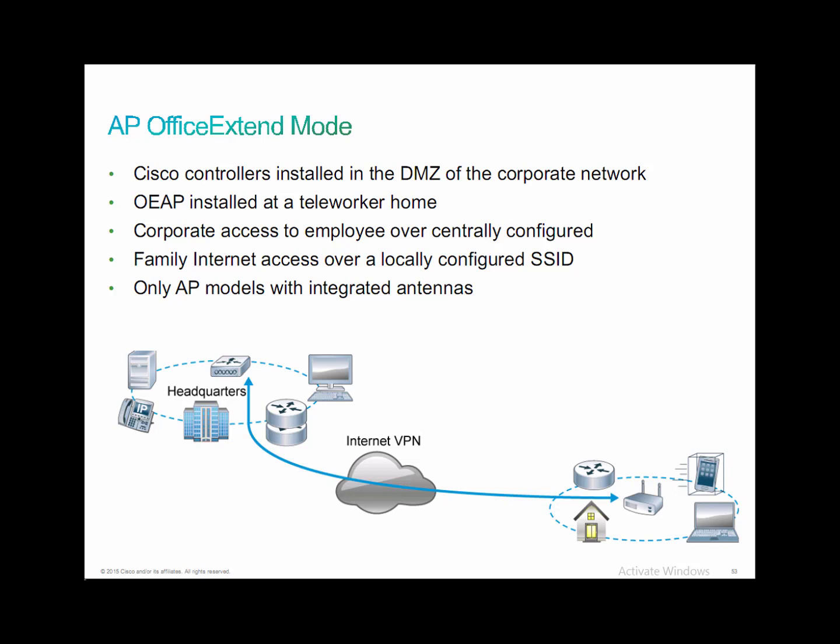So Office Extend, if you look at the diagram here, it's a little bit different than what we talked about with the FlexConnect option. Because in Office Extend, your headquarters is connected via, well, we don't have a private WAN in this case, right? The access point is being deployed in a home office or some remote location where all they have is just internet access. So what Office Extend access points provide is the ability to plug in a router that gives you some sort of internet connection.